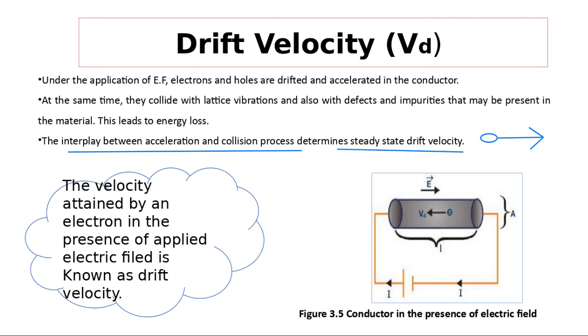This is the difference from the normal velocity when you give an electric field to a single electron or a single charge. It will behave differently in a conductor or in any material, maybe a semiconductor or an insulator. Depending on the material, how much hindrance is offered to the particle changes your drift velocity.